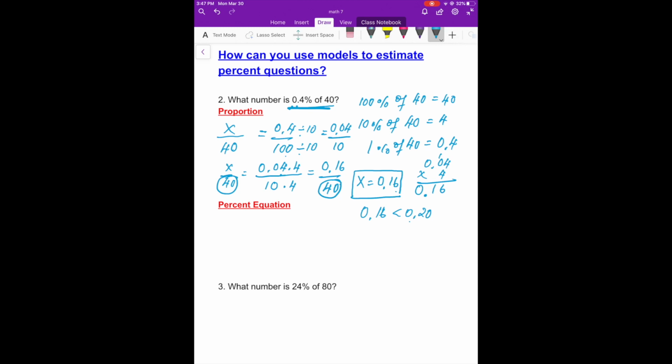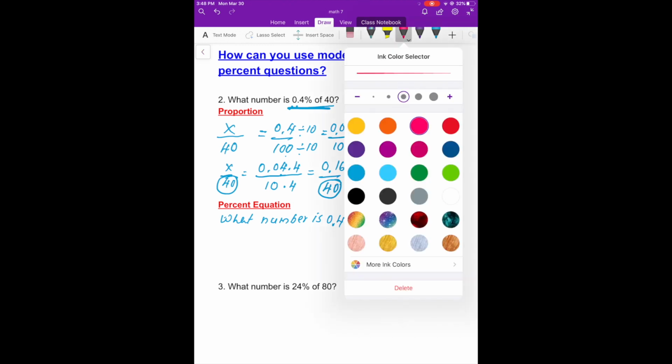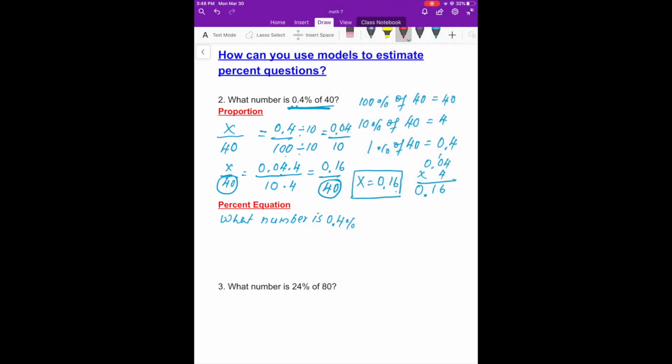Now, how do I do the percent equation? So what number, this is the question. What number is 0.4% of 40? Let me erase the other one, otherwise it's in our way. And let me pick another color. So what number is 0.4% of 40?